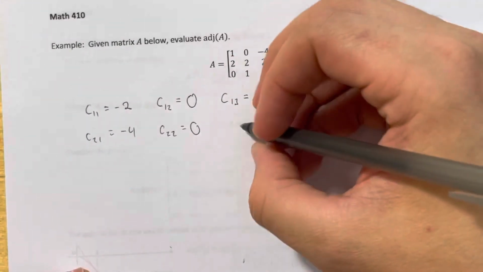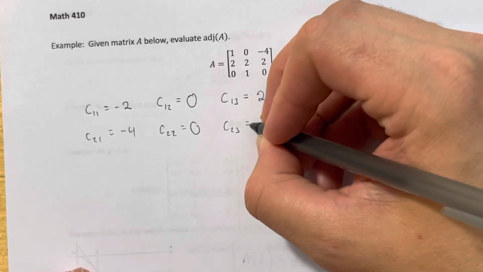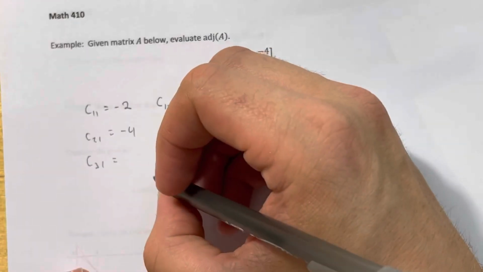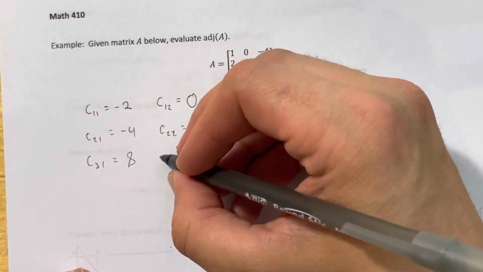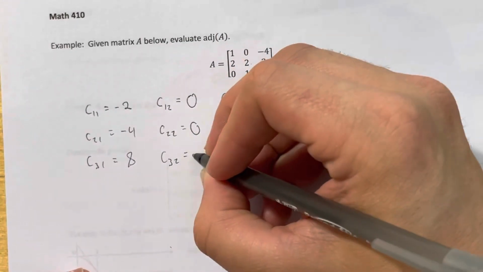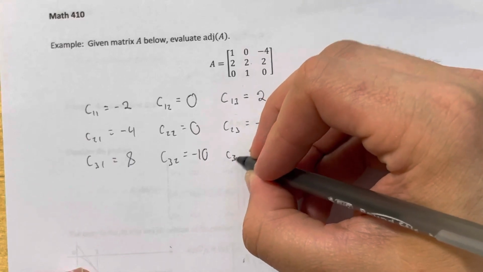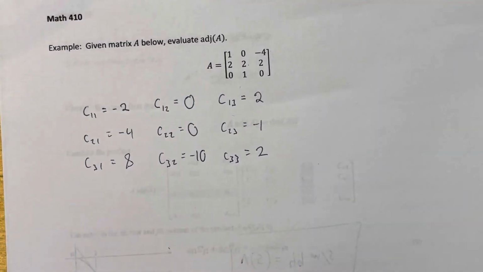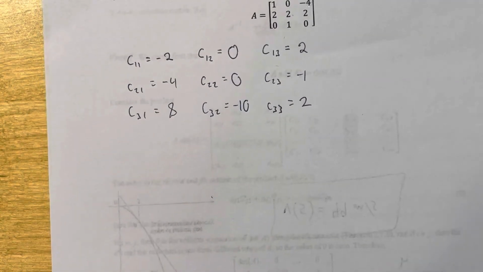So that's 0. C23 is equal to negative 1. C31 is equal to 8. C32 is equal to negative 10, and C33 is equal to 2. You can go through and verify these if you want to, but that's what those cofactors should work out to. So that's 9 cofactors in total.